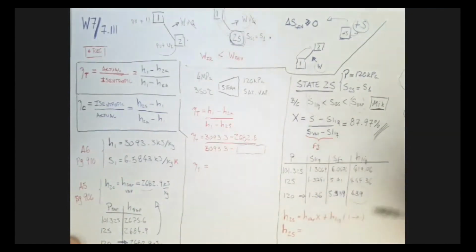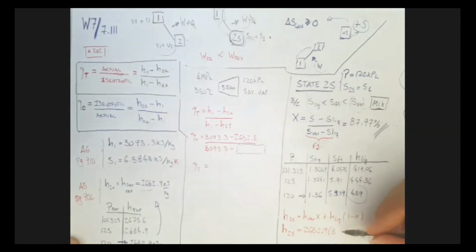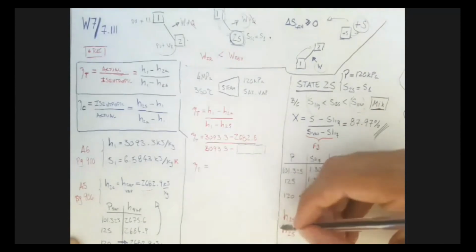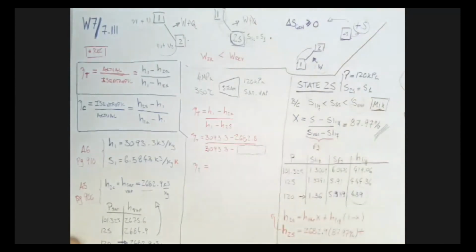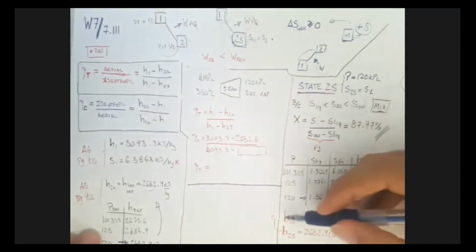2s, so that will be 2682.9 times my 87.97% plus, I'm not going to have space for this, so I'll just do it over here on this side, so you're not struggling to see. Okay, so just solve this equation over here.